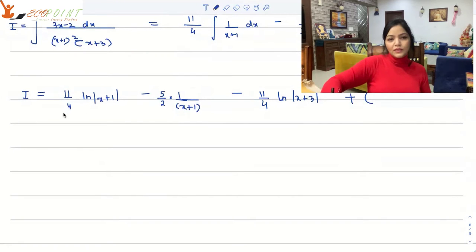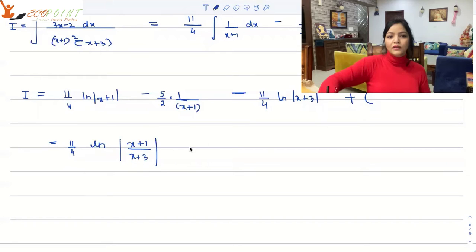And what you can do is, since 11 by 4 is common here and you have logs with a minus sign, you can combine and write down that you have log mod x plus 1 upon x plus 3, right? And then minus 5 upon 2 into (x plus 1) plus c. So that would be the final answer.